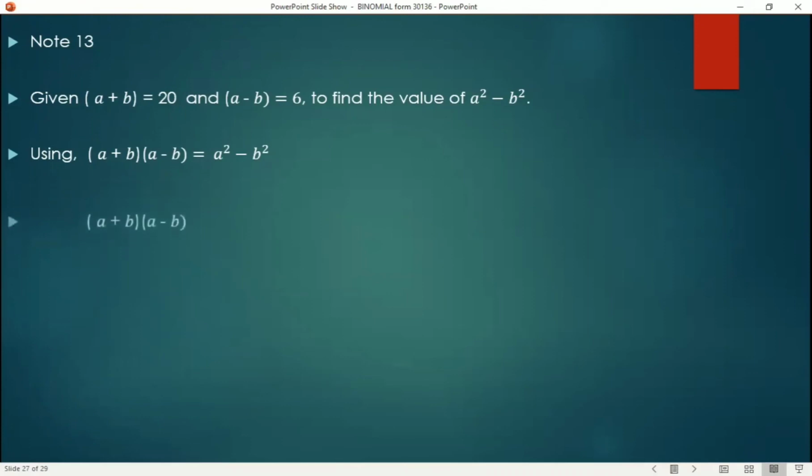So you only need to multiply the value of a plus b times the value of a minus b. So a squared minus b squared is going to be 20 times 6. A plus b is 20, a minus b is 6. So 20 multiplied by 6 gives 120.